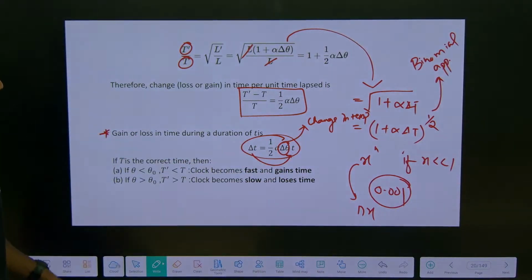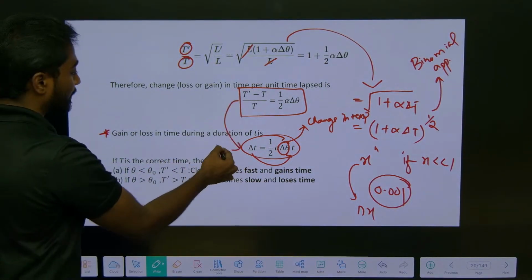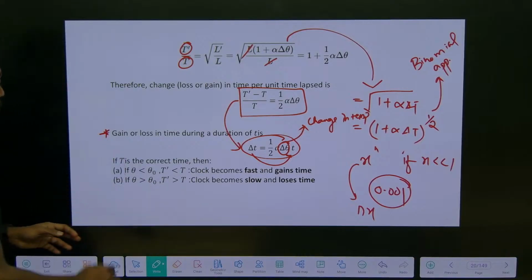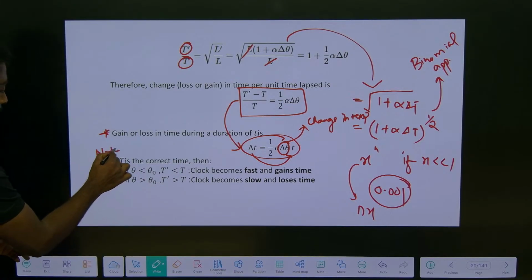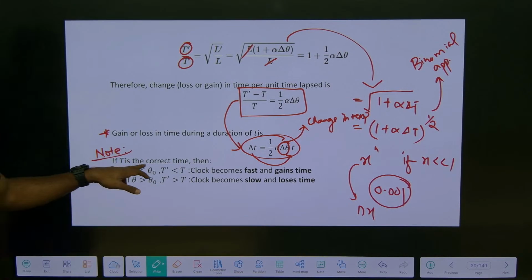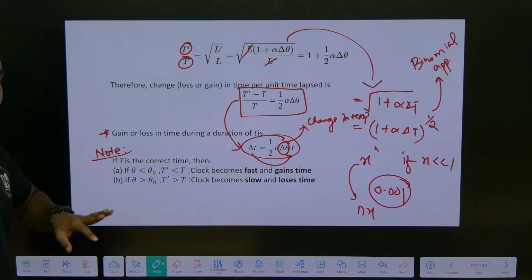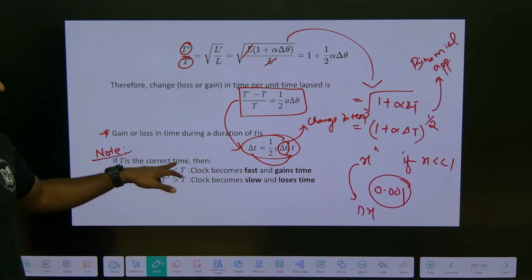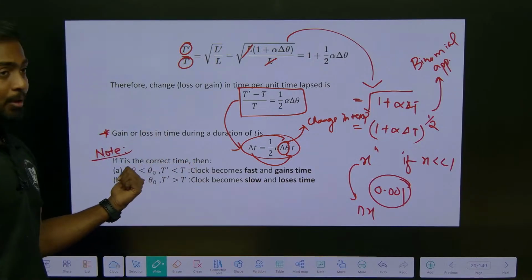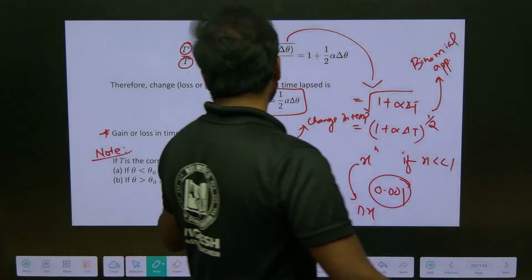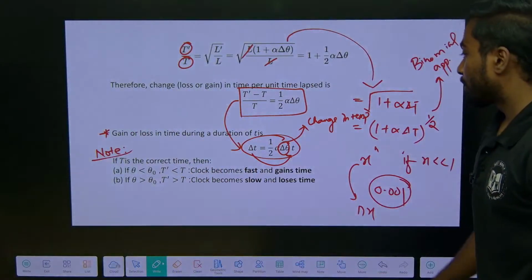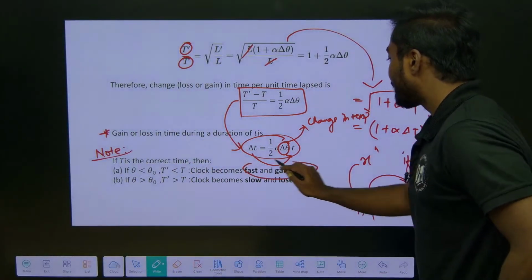Now, whatever formula we have discussed here, we are rewriting. And note this point: if T is the correct time, and theta is less than theta naught, where theta naught is the initial temperature and theta is the given temperature, then T dash will be less than T. So the clock becomes faster and gains time.